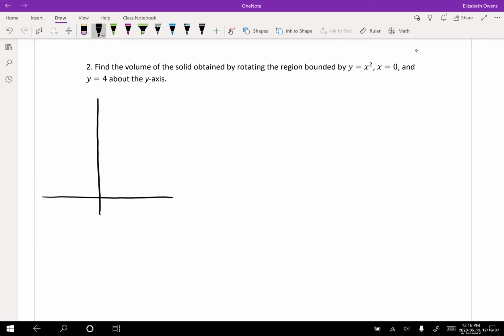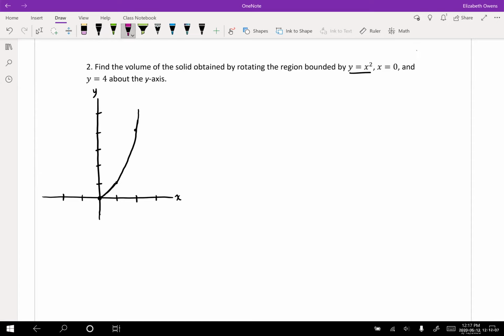Set up your axes. Okay, so y equals x squared, of course, that's our parabola again. There we go. And then we have x equals 0, which is the y-axis.